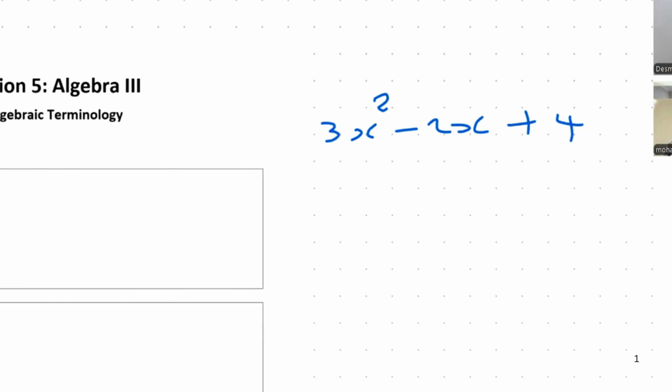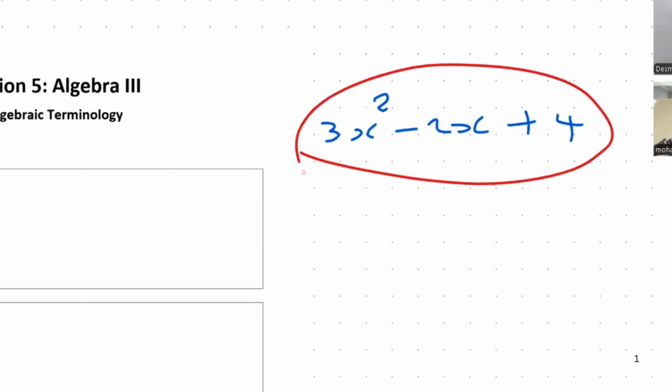I like when you explain that based on this expression. So in short, what is the coefficient of x squared? It's going to be 3. What is the coefficient of x? 2. Careful about that. Negative 2. Negative 2. Thank you.